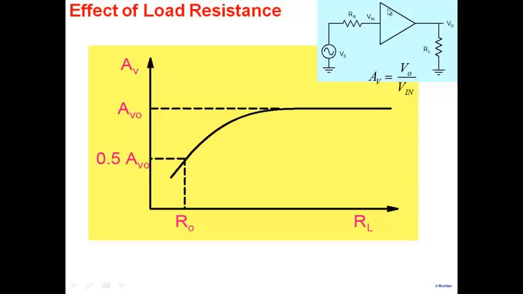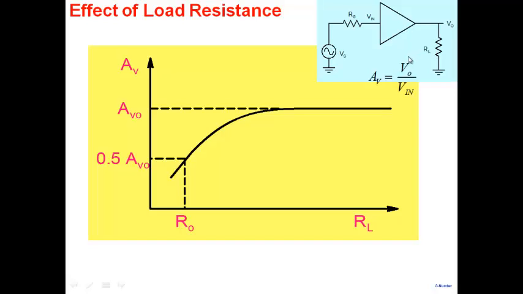So this is an amplifier, and we have a signal here. Every signal will in general have a resistance associated with it. A voltage signal will have some internal resistance here, Rs. This is my amplifier, and we have connected a load here.